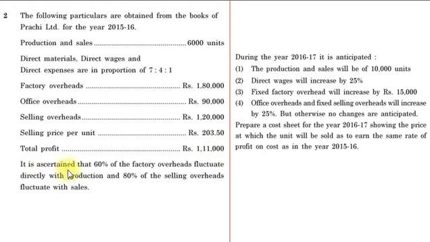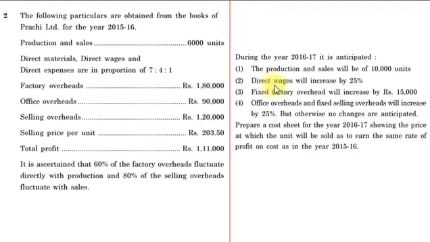It is ascertained that 60% of the factory overheads fluctuate directly with production and 80% of the selling overheads fluctuate with sales. During the year 2016-17, it is anticipated, number 1, the production and sales will be of 10,000 units.